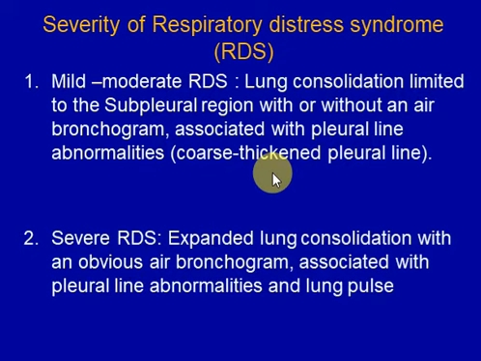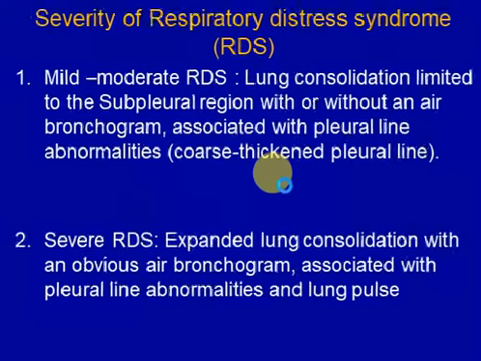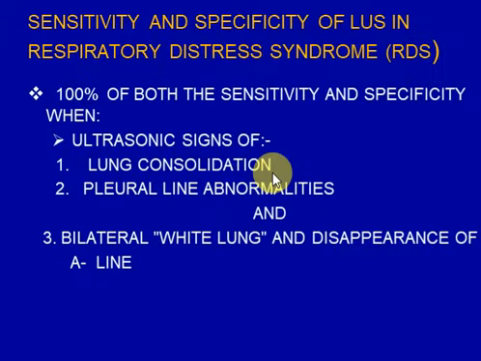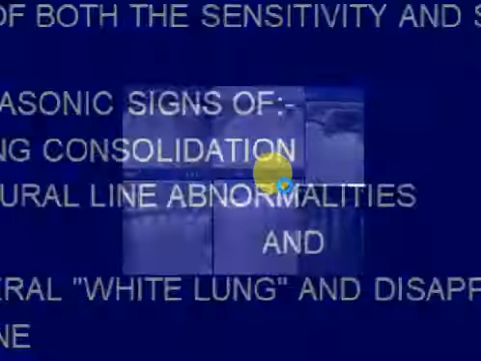So the sensitivity and specificity of lung ultrasound to diagnose RDS is 100% for both when we have the ultrasound signs of lung consolidation, pleural abnormality with bilateral white lung and disappearance of A line.